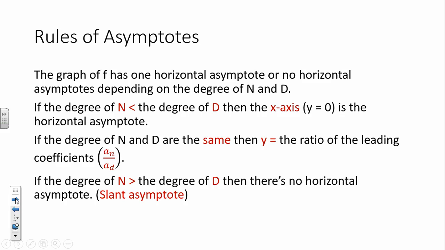All right, so rules of asymptotes. You know these. The graph of f has a horizontal or no horizontal asymptote based on the degrees of the numerator polynomial and the denominator polynomial. So when the degree of the numerator was less than the degree of the denominator, what did we find?